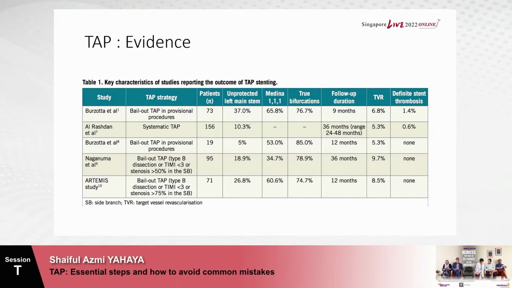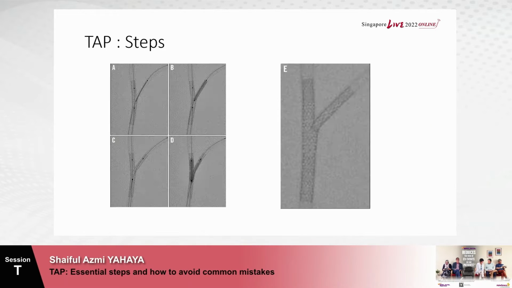Considering this was done in the early DES era, I think this was a good result despite the complexity of the procedure, and that was followed by the other authors as you can see in this chart. Having a lowish TVR of less than 10% and a low stent thrombosis rate, it has been accepted as one of the important techniques in bifurcation stenting.